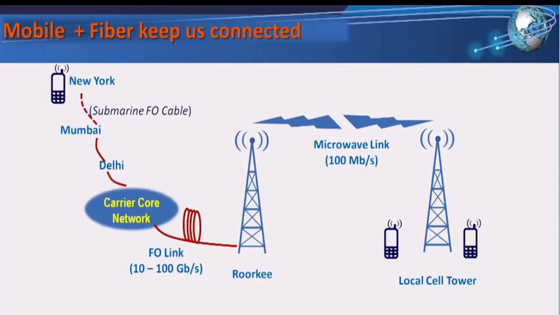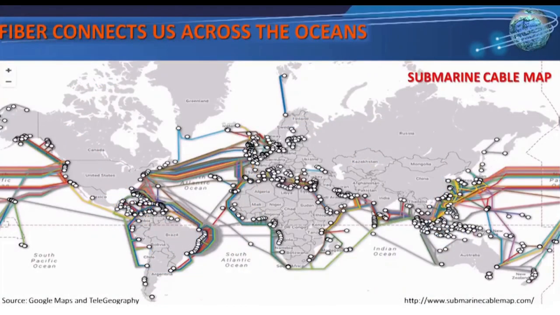With 100 megabits per second, the information is passed through fiber to Delhi, then to Mumbai, and then to New York through optical fibers. You may think how it is possible to send to New York, but it is possible as we use submarine cables for this purpose. Here you can see the submarine cables connecting the whole world. Hence, the information can be passed to New York or any other part of the world.